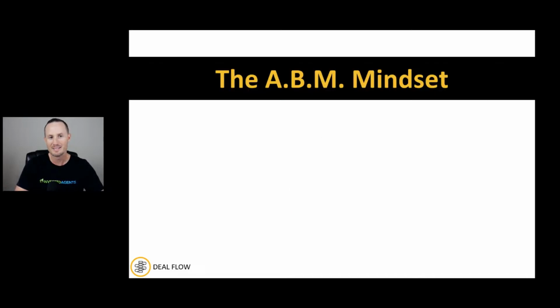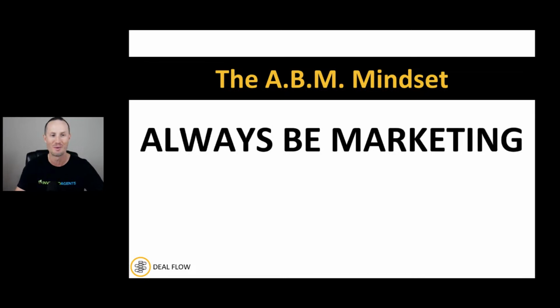The ABM mindset. You probably heard of ABC, right? Always be closing. Well, the ABM mindset is always be marketing. If you're serious about your business, especially if you are or want to be in this business full time, you have to always be marketing, and you've got to be marketing for two things: deals and dollars. Always be marketing for deals and dollars.